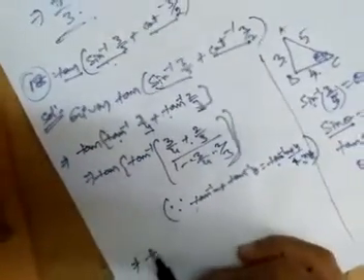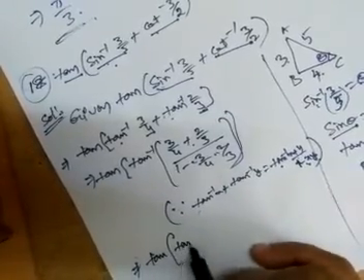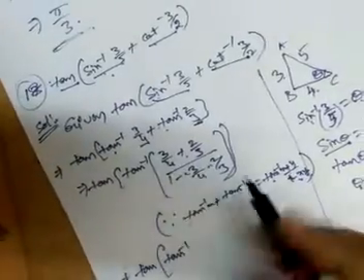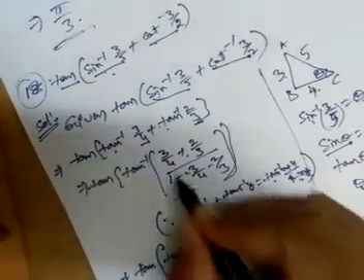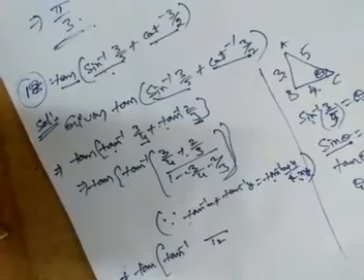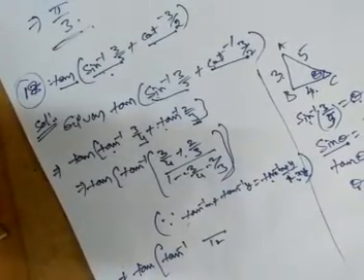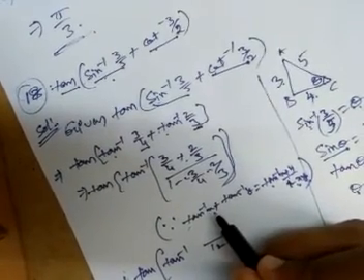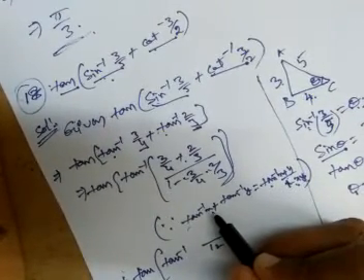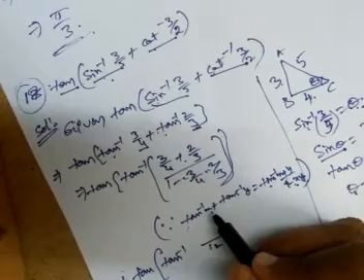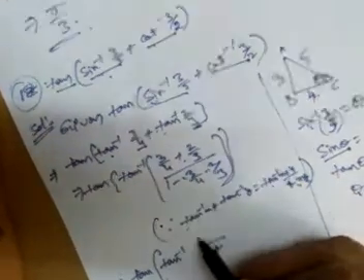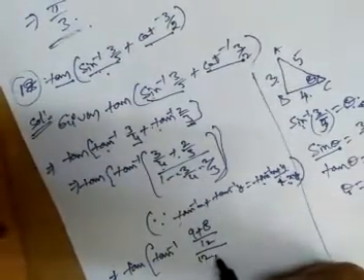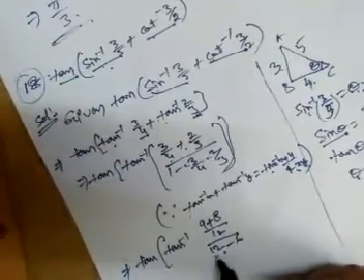Now tan inverse of, take LCM in the numerator part. LCM of 3 and 4 is 12. So 3 into 3 is 9 plus 4 into 2 is 8, by 12 minus 6 by 12.